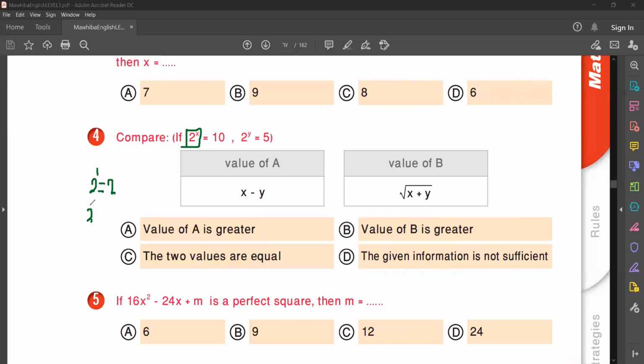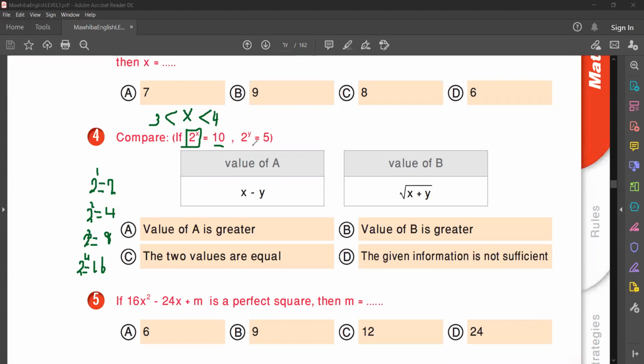And 2 to the power 2, it is 4, right? 2 to the power 3, it is 8. So I have 2 to the power x equals 10. So 2 to the power 4 equals 16, right? So x now is between 3 and 4, right? We find here x.